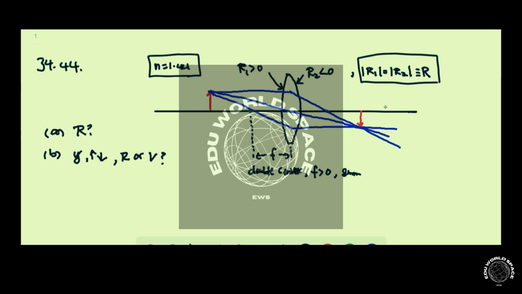So this figure really pertains to part B, just to give you an idea of what's going on. And so let's go ahead and solve for the radius of curvature.